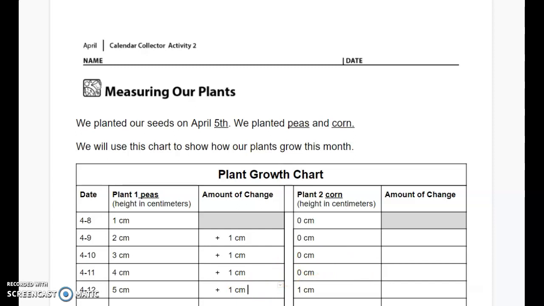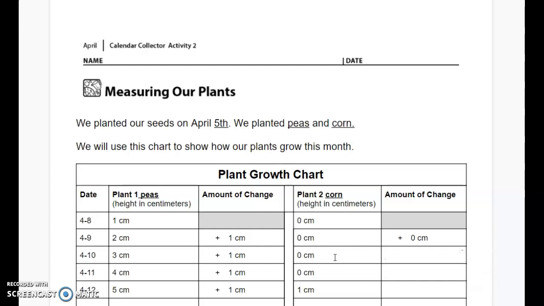Now let's have a look at our corn plant, or our corn seedling. If we're looking at our seedling growth from the 8th to the 9th, thumbs up or thumbs down. Did our plant grow at all? I should see a thumbs down. It hasn't grown. So we're just going to say plus 0 cm, or 0 centimeters, because our plant hasn't grown yet.